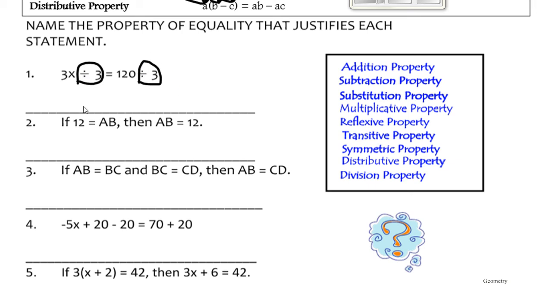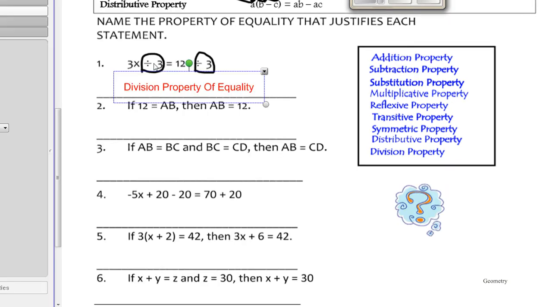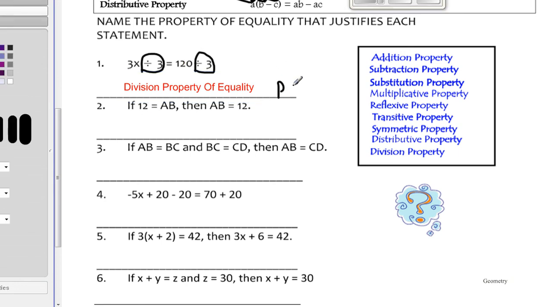So this is going to be your division property. If you don't want to write out property of equality each time, you can just abbreviate and say POE. We definitely must write out the entire word division. Do not abbreviate that word, but the POE you can abbreviate.